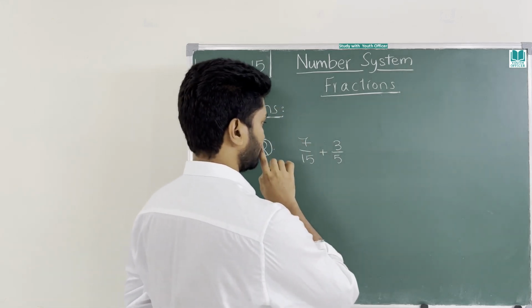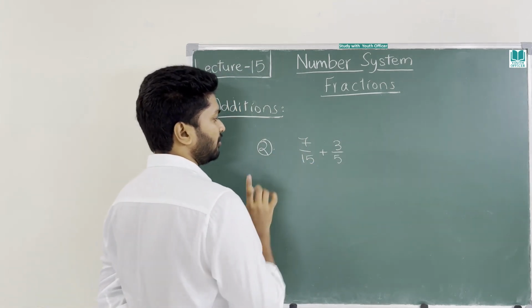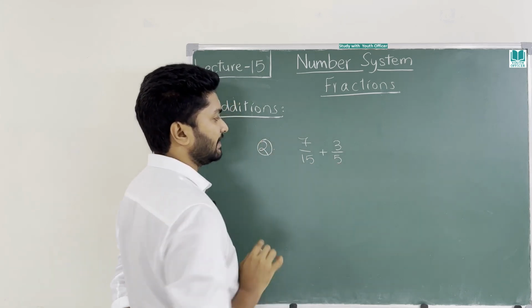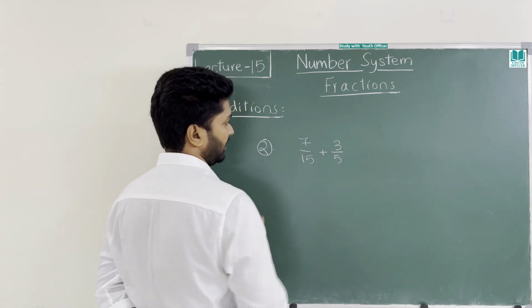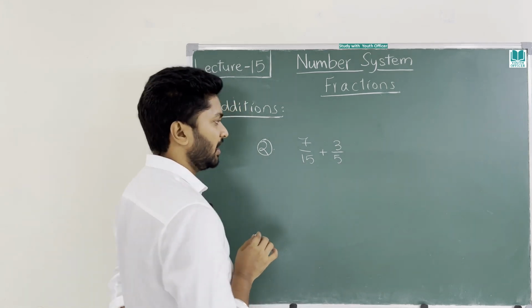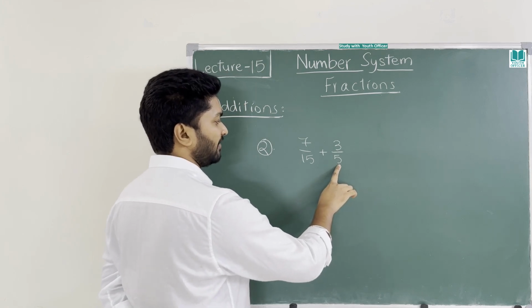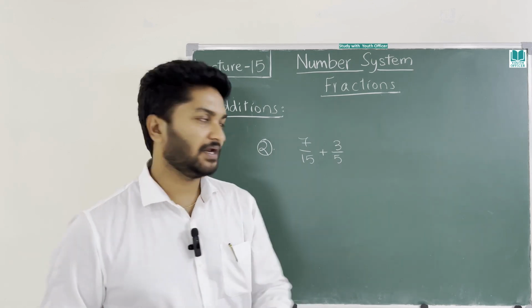Here the denominators are not equal. But you can see here 5 is a factor of 15. That means you can convert 5 into 15 by some process. How much do you have to multiply 5 by in order to make it 15? You have to multiply it with 3, right?